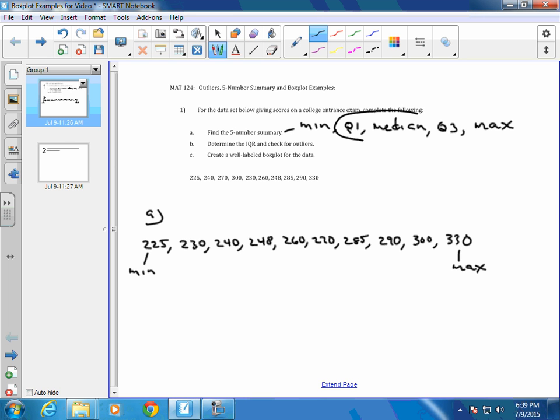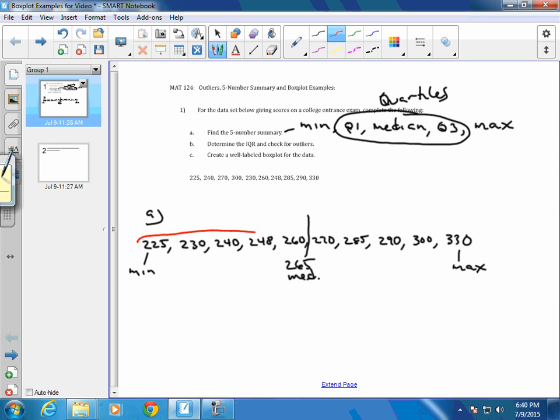Now, in order to find these middle three, in order to find the quartiles, this is what we're going to do. We're going to find the median first. So here we got 10 data values. So we're going to go 1, 2, 3, 4, 5, and right between the 5 and the 6, that's going to be our median. All right, so our median's 265.